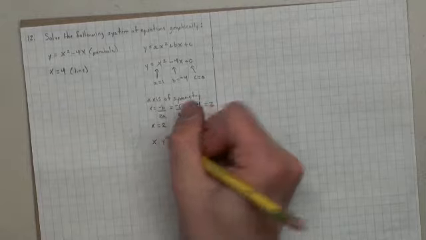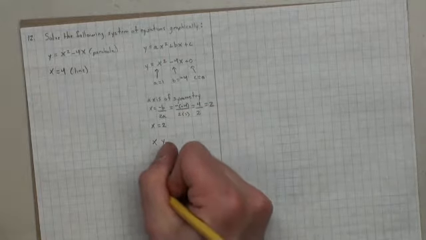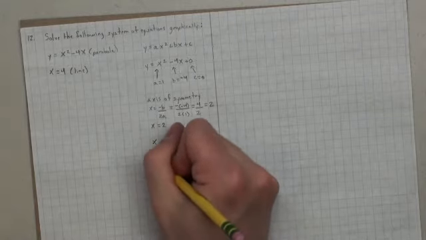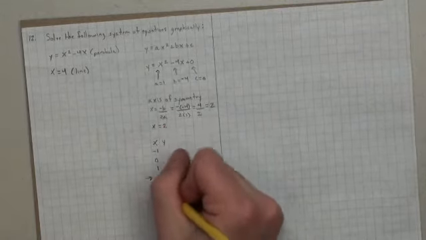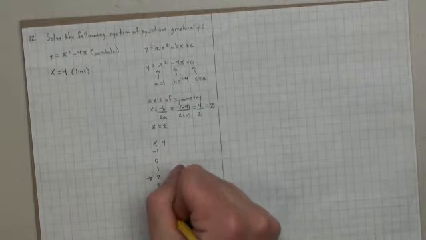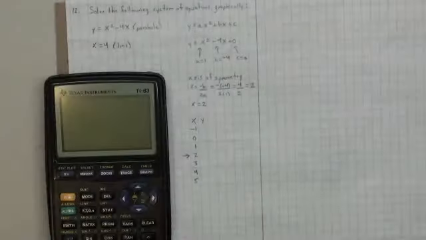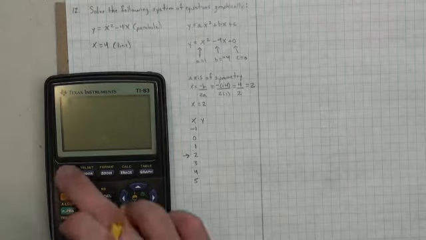Let's do our table. 2 is in the middle of our table. Okay, we subtract 1 and again and again, and then we add 1 and then again and again. Let's see what we get when we plug this in for our y values.